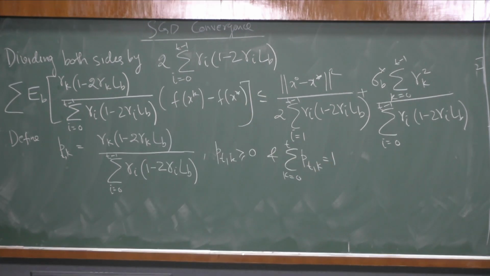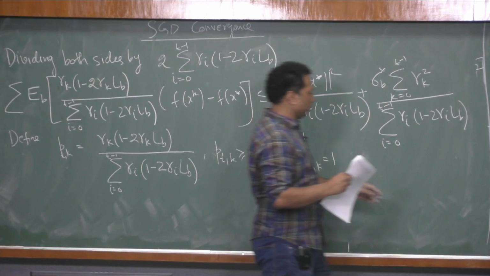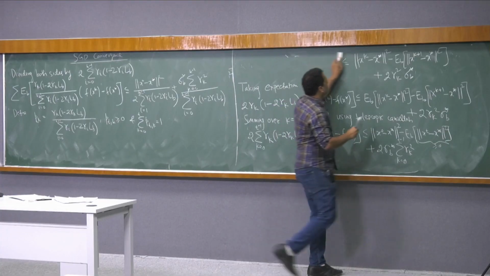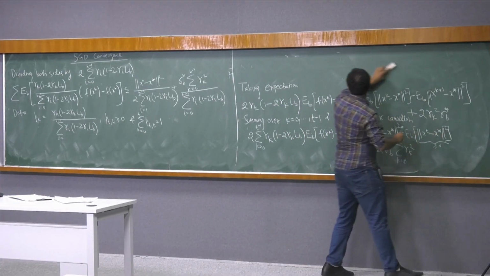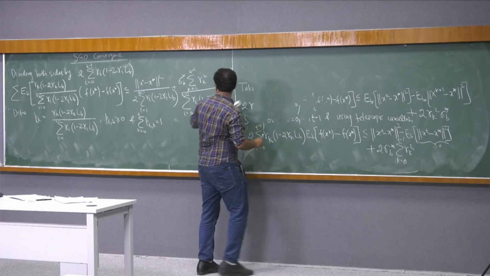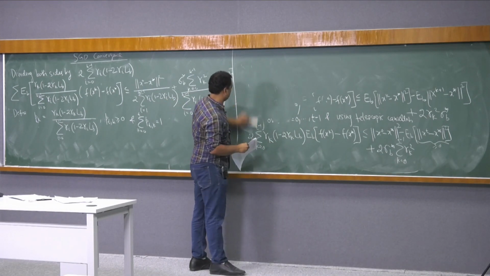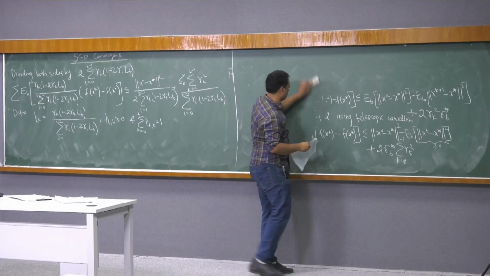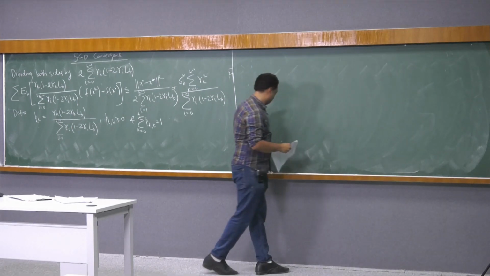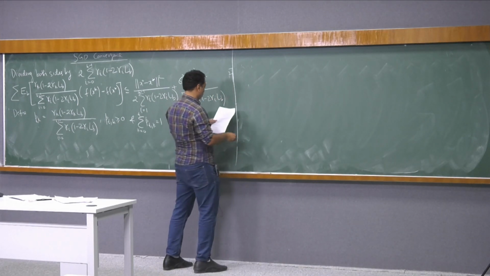Okay, so we can now do the same thing we did last time. We have the expectation of x bar_t, where x bar_t is defined to be the weighted sum of the x_k with weights p_tk, right? So with this we can stop. This is the last line.